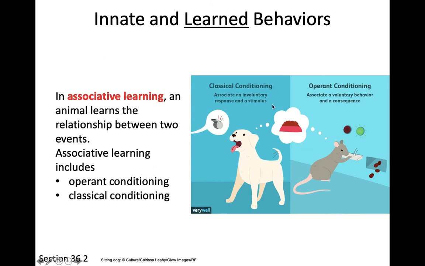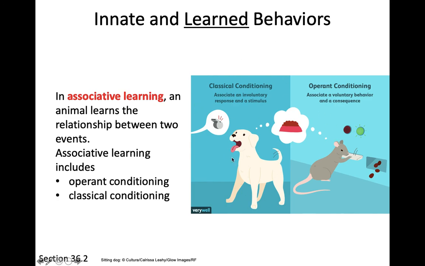Well, anyway, associative learning is a type of learning where organisms learn to associate one thing with another thing. Now, classical conditioning is a very typical form of associative learning, and operant conditioning is a little more new and slightly more different. That's a little less familiar to people.